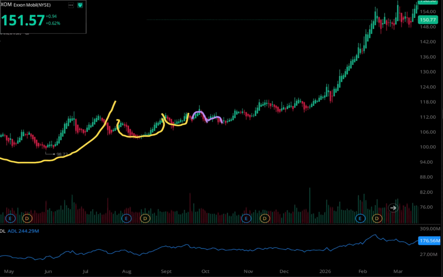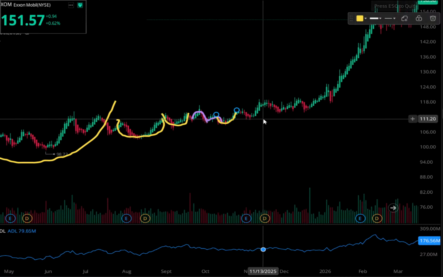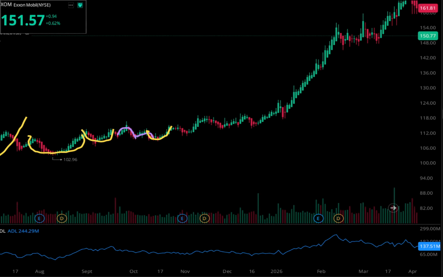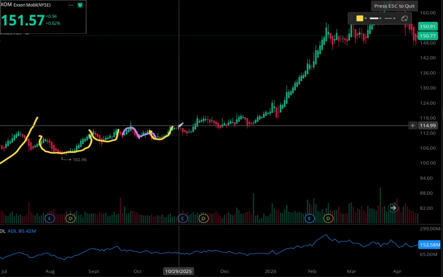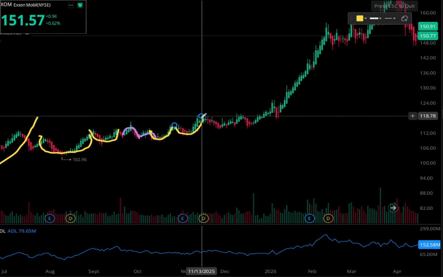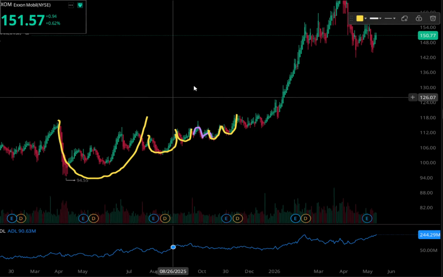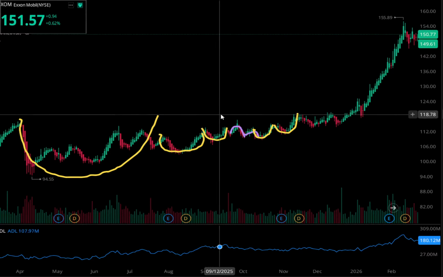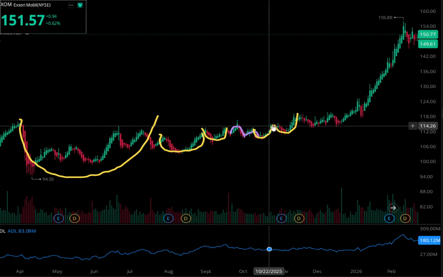But one thing I want everybody to start doing is to identify whether a cup is present or whether the inverse cup is present. Not so much working on handles or anything yet. Usually we would say a cup and handle or an inverse cup and handle.